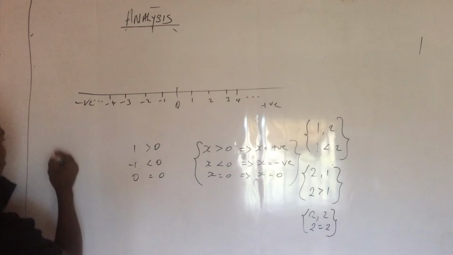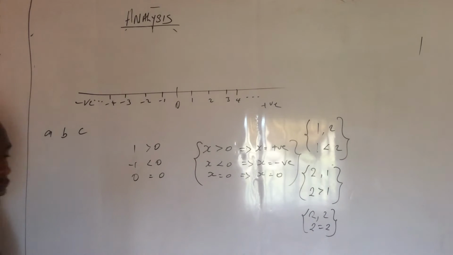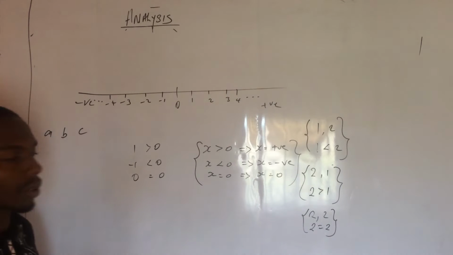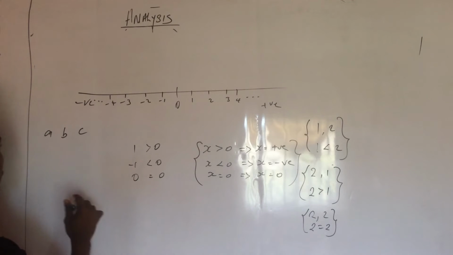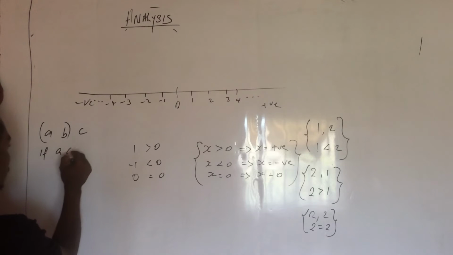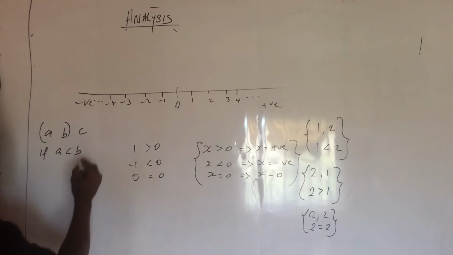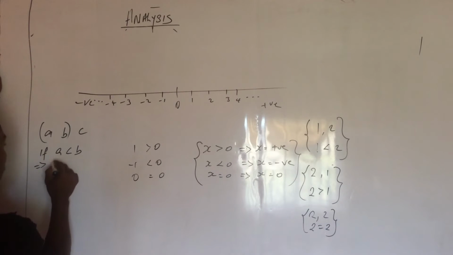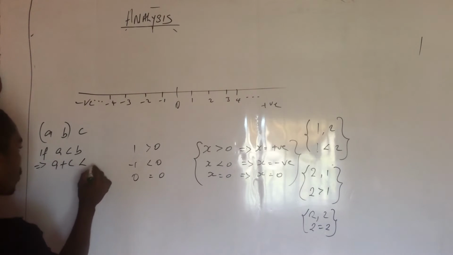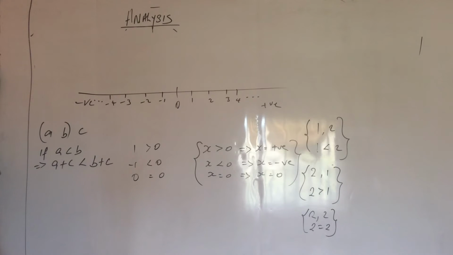We pick the numbers A, B, and C. Let's check something. We check the first two first. If A is less than B, this simply means that A plus C is also less than B plus C. Do you understand that?